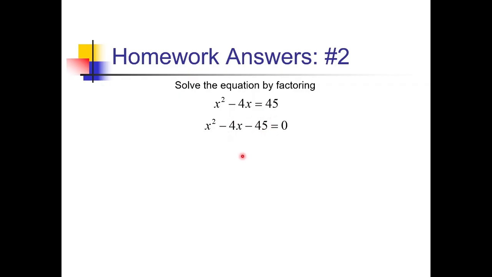So 1 and 45 doesn't work, 3 and 15 doesn't work, then we've got 5 and 9. Positive 5 and negative 9 adds up to negative 4. So we have x plus 5 and x minus 9. And then setting each of these equal to 0 to solve it, we have x equals negative 5 for that first parentheses, and 9 minus 9 is also 0, so that's another answer.